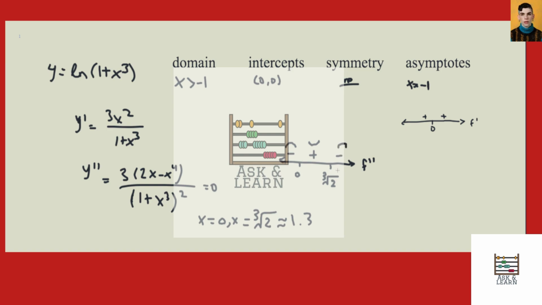Okay, so these are both inflection points. And just so we know, the y value, so f of the cube root of 2, the y value is going to be ln of 3, so that's approximately 1.1.